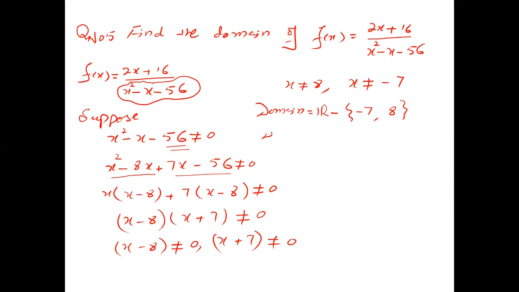So how to write real numbers? Real numbers, round bracket, minus infinity to infinity, minus 7 to 8. Every step you can see, we did many times.